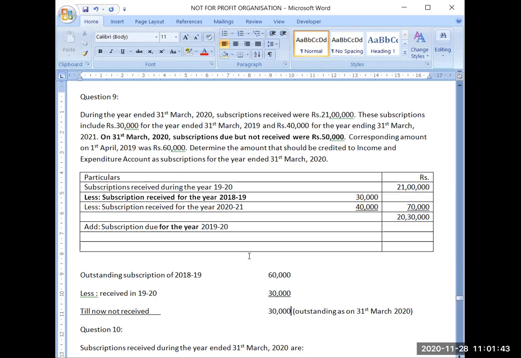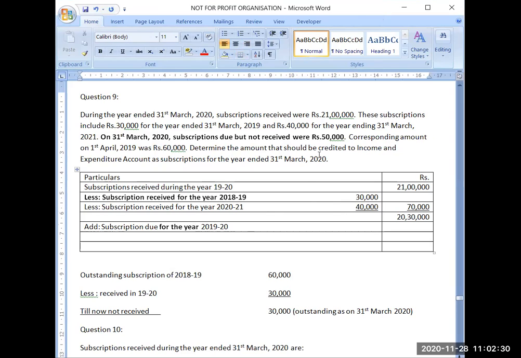And for solving this question, for finding out the income, this is the amount received for last year, and this is the amount outstanding for the last year.